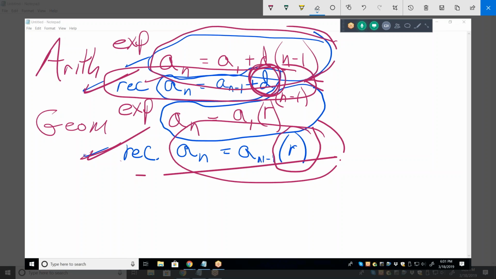That's about as hard as they get, but translating between explicit and recursive is relatively simple, as you can see. Both definitions are very similar. They both have D in them or R in them.